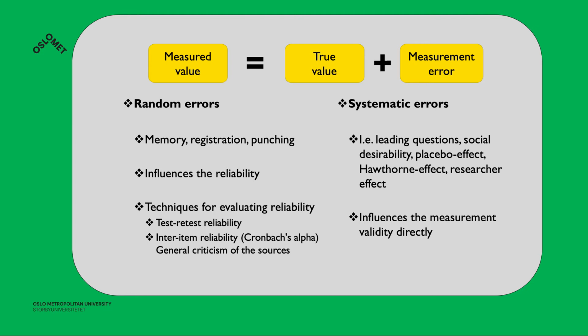The Hawthorne effect, which is kind of a researcher effect, where people adjust their behavior because they know they are a subject for research. And of course, this affects reliability in the sense that you're not consistent in what you measure, and it directly influences the measurement validity in the sense that you are not measuring what you want to measure.